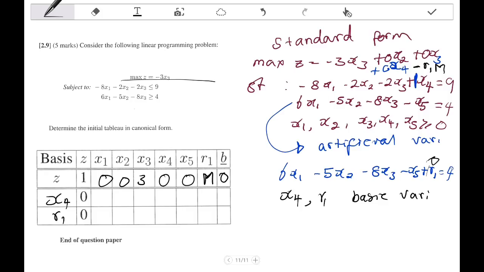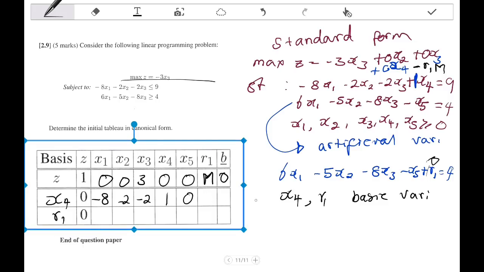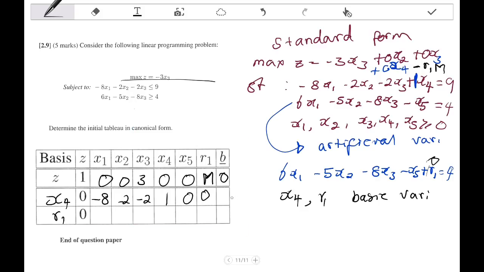Then you come to the first constraint. Since this constraint is already in canonical and standard form, we didn't rewrite it. So it's minus 8, minus 2, minus 2, 1, 0, 0, equals 9.